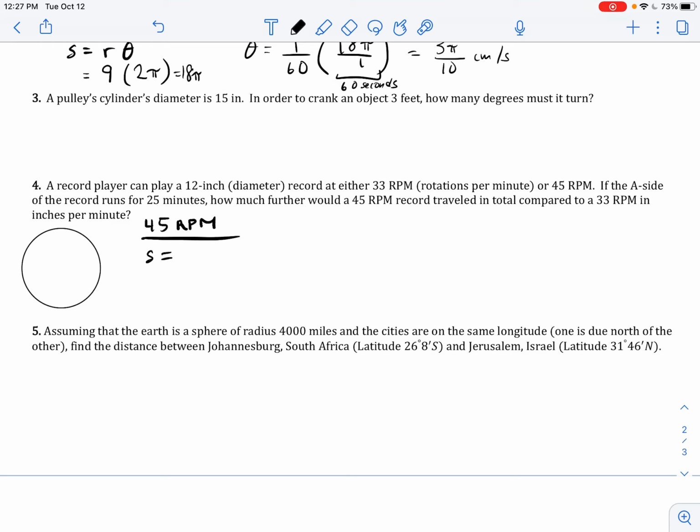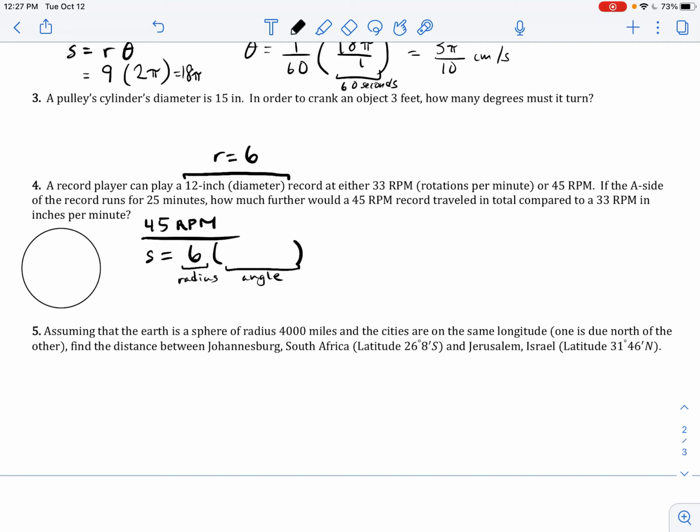S is equal to R times theta. If our diameter was 12, that means our radius was equal to 6. So we're going to say our radius is 6. Now we need to find the central angle. What was our angle?